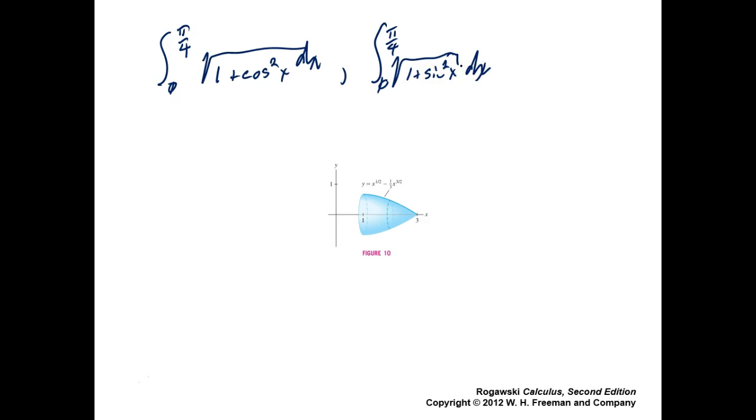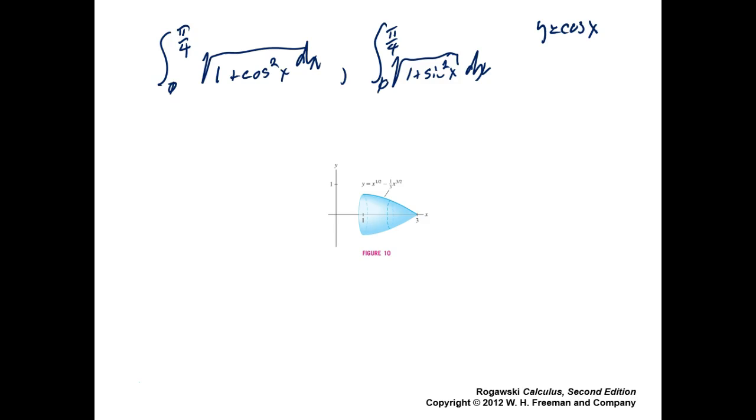Which of those two represents the length of the curve y is equal to cosine x? First or second? A or B? The curve is y is equal to cosine x. Which represents the arc length?